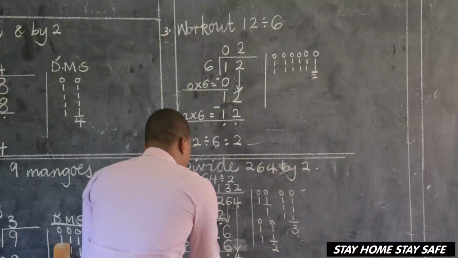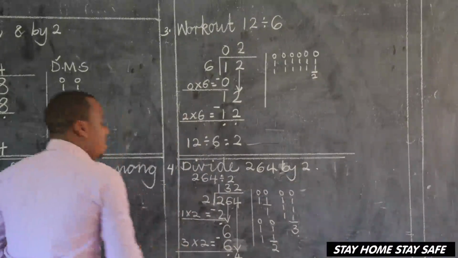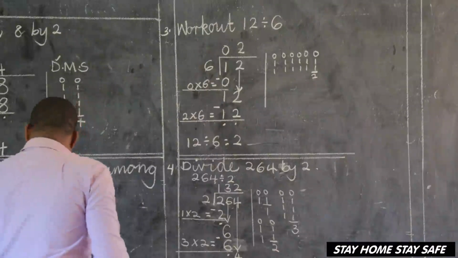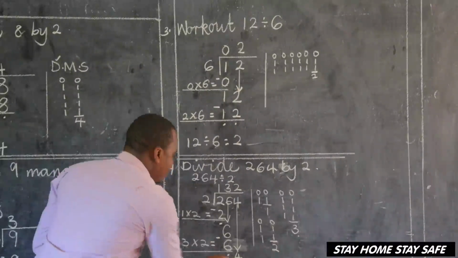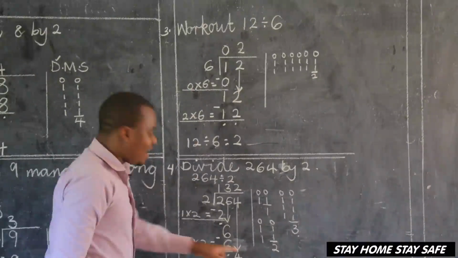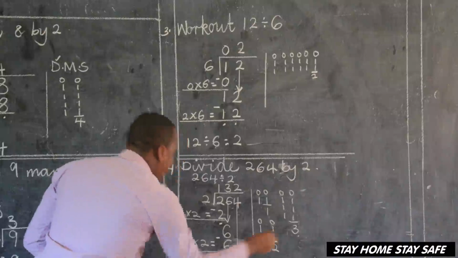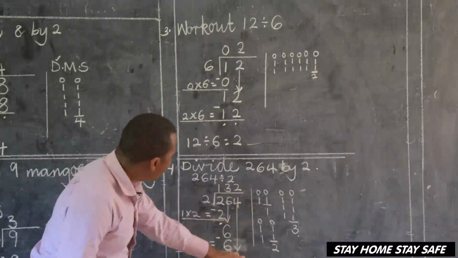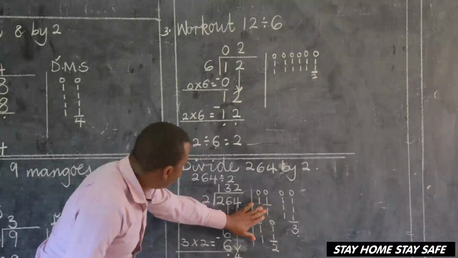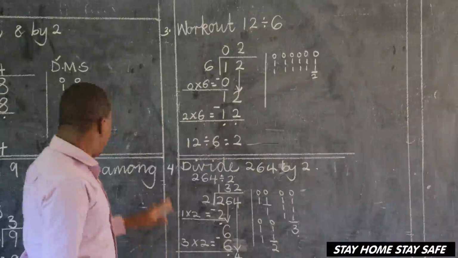Then after that, I will have my ruler and draw that line. Using a ruler. Then we are going to subtract. What is 4 take away 4? 4 minus 4 is 0, and we are free to put there a dot. So we have finished all the numbers. If there is no other number, then this will be your quotient, and this will be your answer.